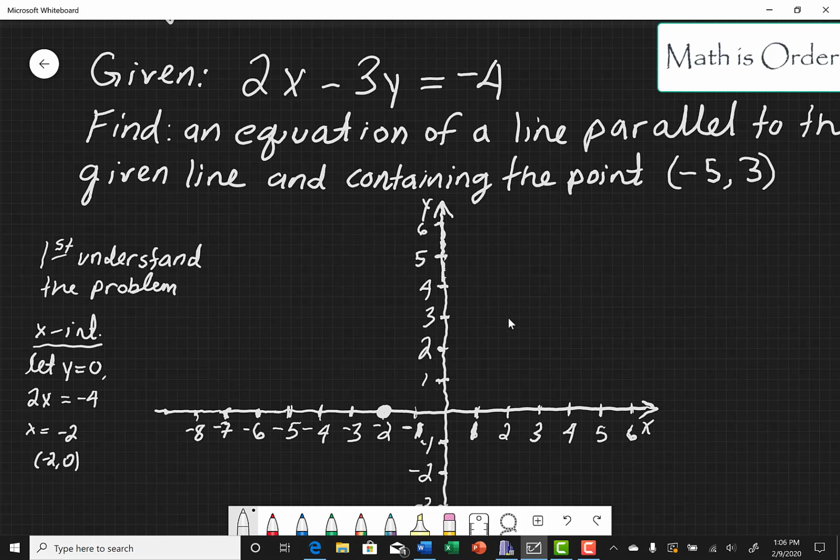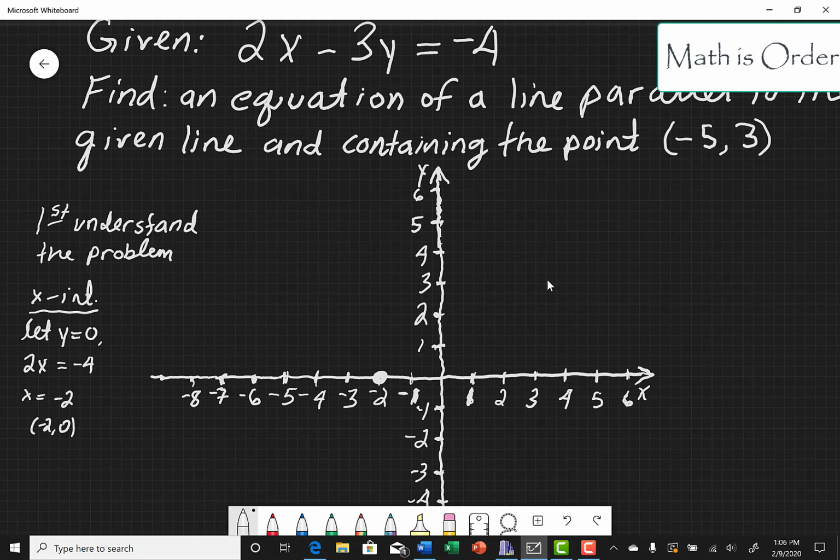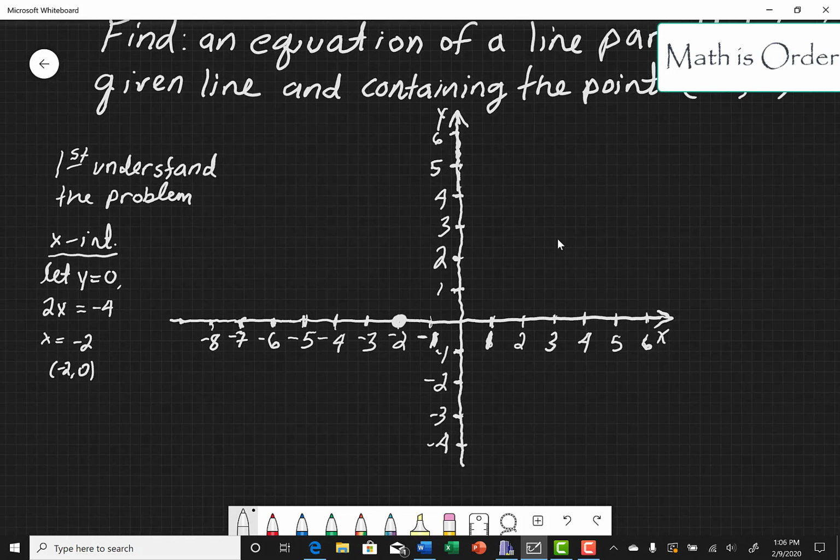Next, let's go ahead and find the y-intercept. Finding the y-intercept is similar to finding the x-intercept, but here we're going to let x be 0 in the equation. For more information about this concept, it might be in a previous video.